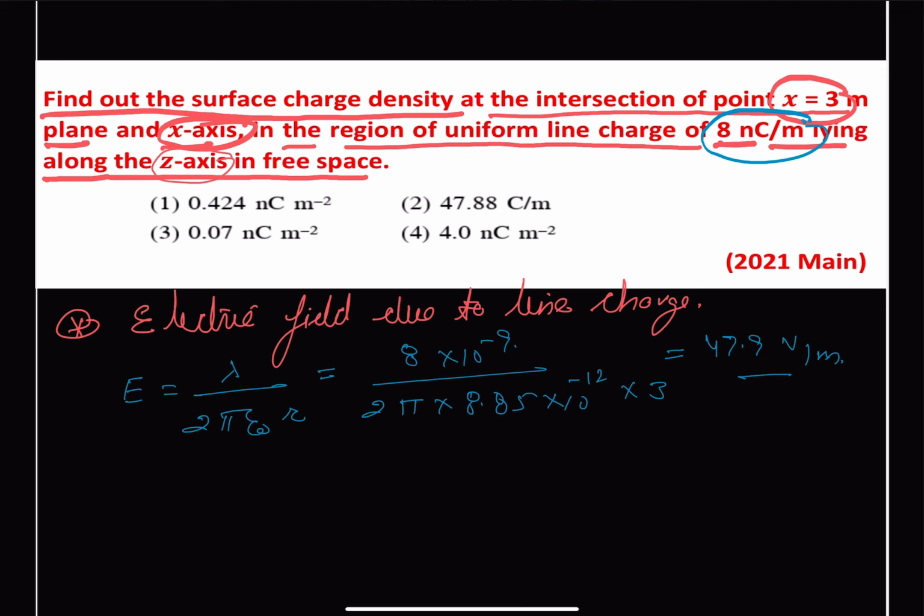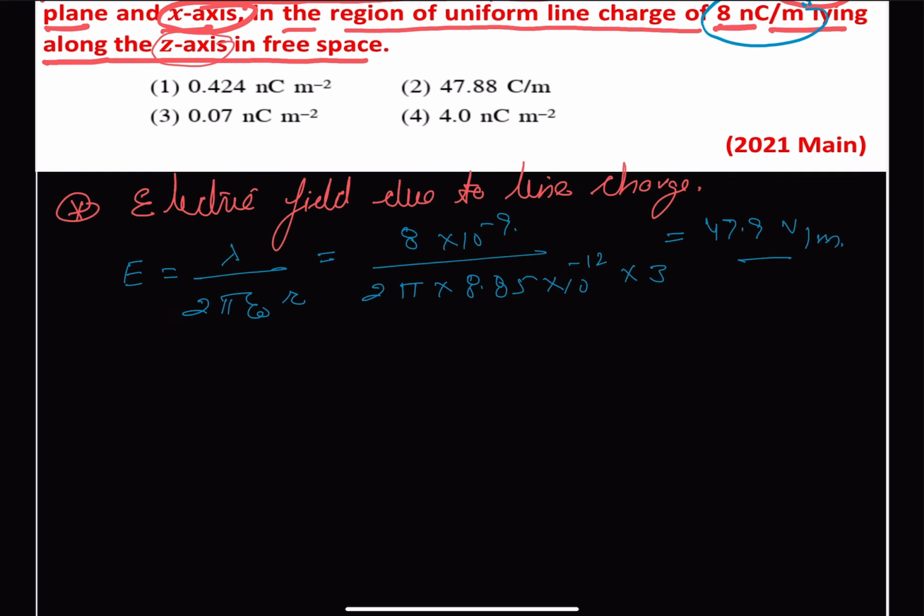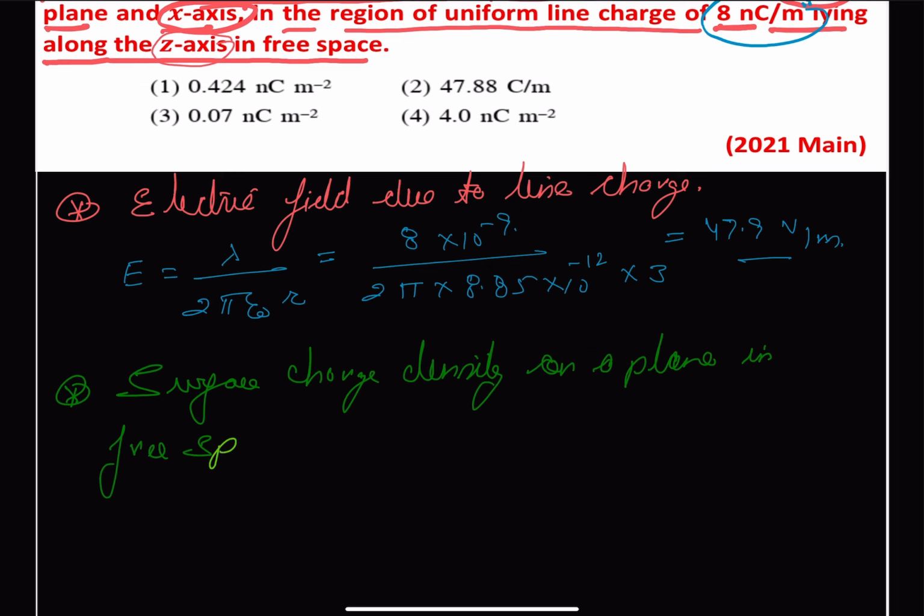Okay, so we can just write the formula that the surface charge density on a plane in free space, sigma, will be equal to epsilon naught multiplied by the electric field which we just found out.